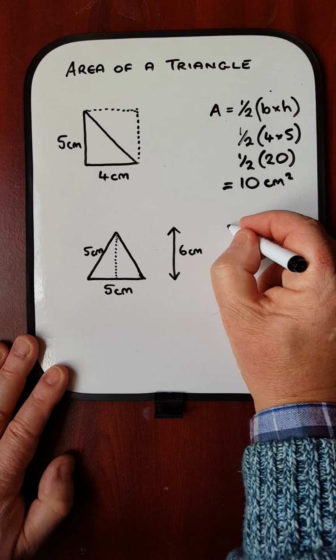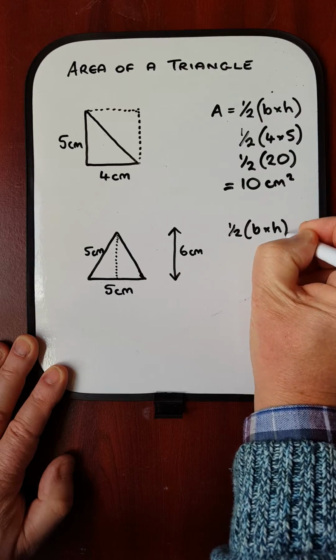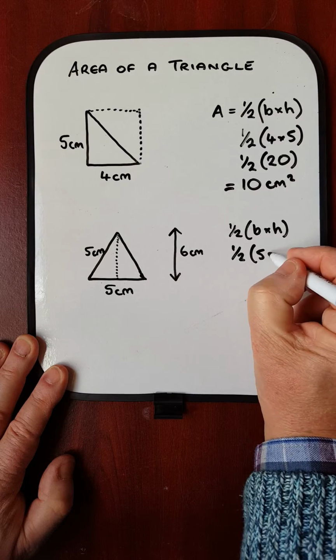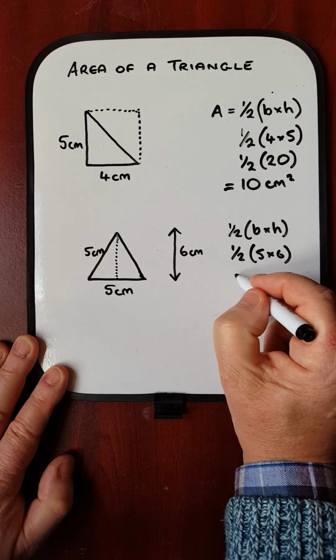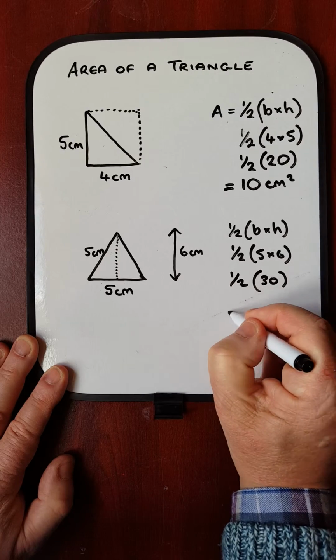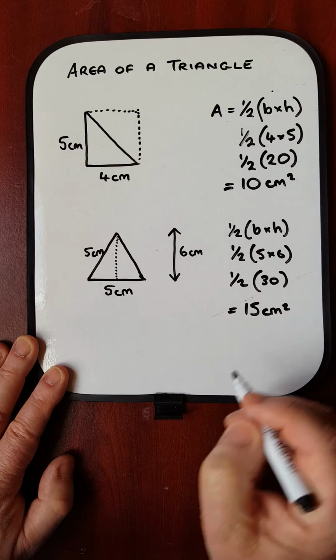So the area is going to be half of base times height. So that's going to be half of 5 times 6, which means it's half of 30, which means, of course, that it's 15 square centimetres.